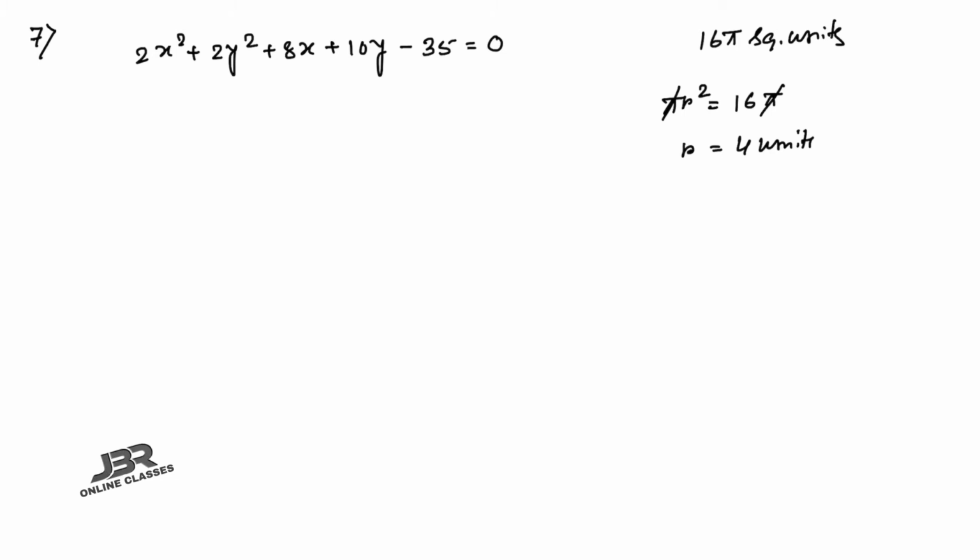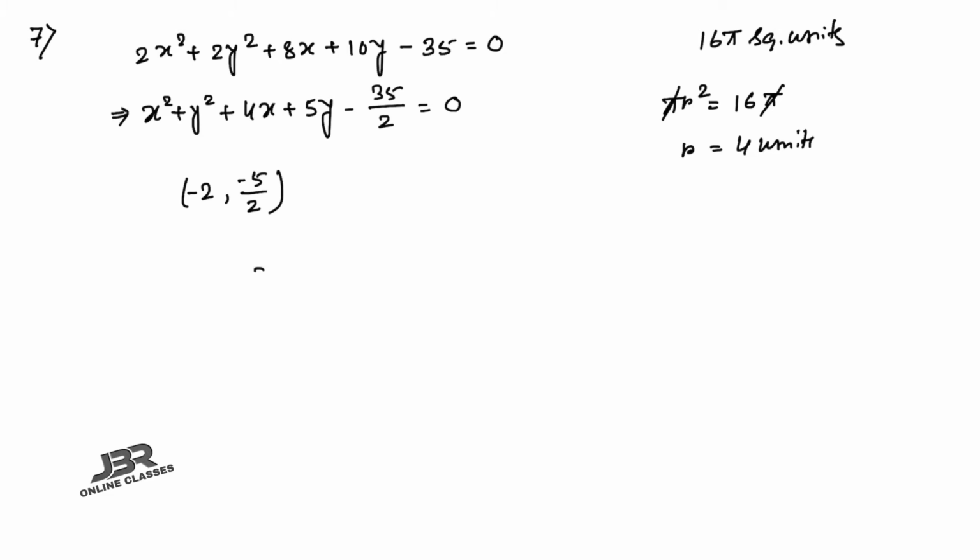Now from this equation you can easily find the center. So x square plus y square plus 4x plus 5y minus 35 by 2 equal to 0. Here the center will be (-2, -5 by 2). Okay, so that is the center. Now you have to find the equation.